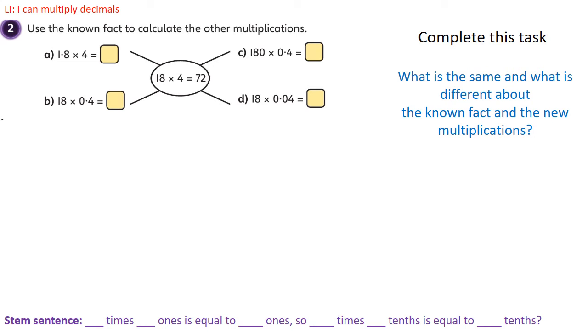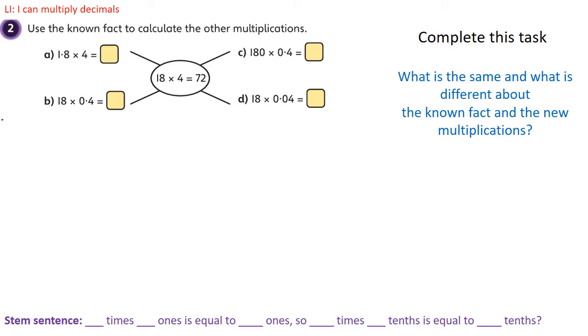Well, if I know that 4 times 18 ones is equal to 72 ones, I also know that 4 times 18 tenths will be equal to 72 tenths. Then you're going to have your place value chart and think about how you are going to write 72 tenths. What's going to go in the ones column? What will remain in the tenths column?